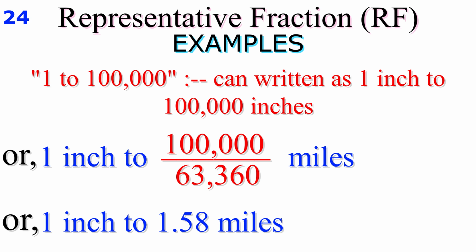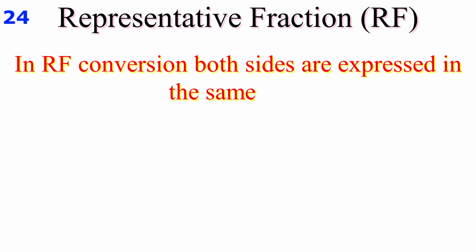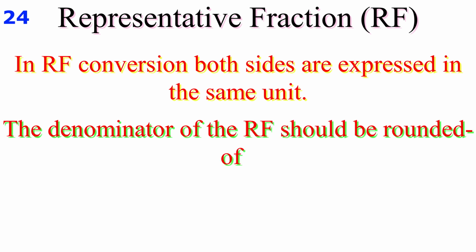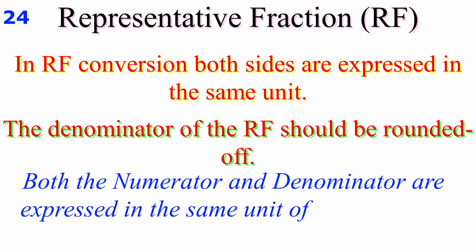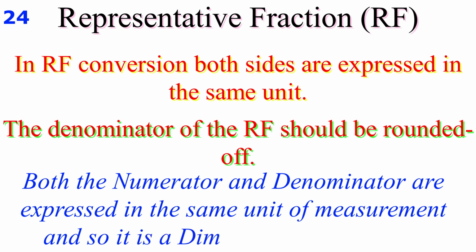Friend, in RF conversion, both sides are expressed in the same units. The denominator of the RF should be rounded off. Both the numerator and the denominator are expressed in the same unit of measurement, and therefore it is a dimensionless fraction.